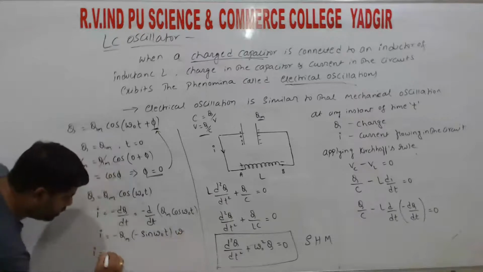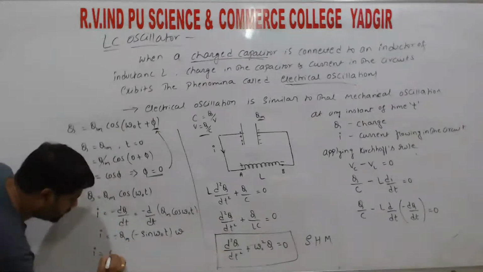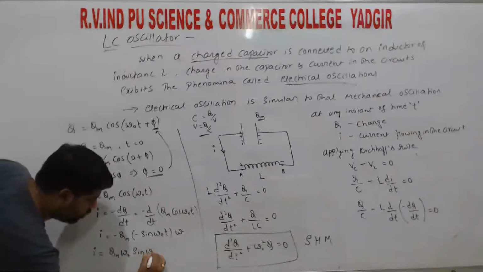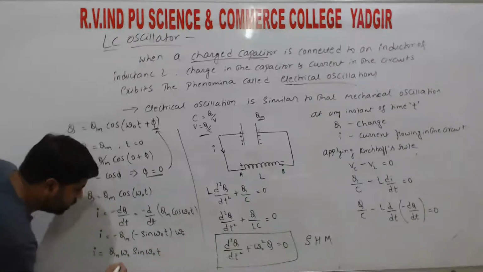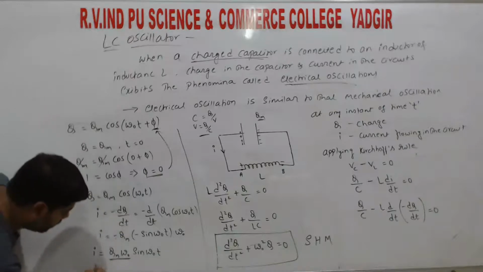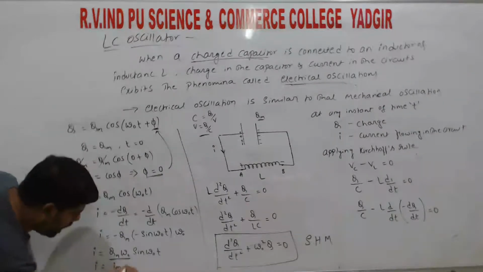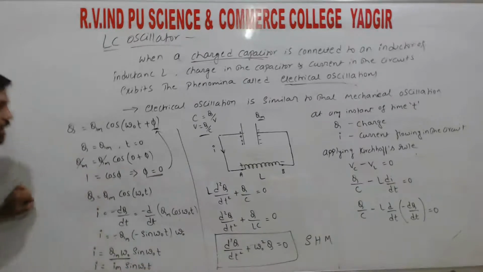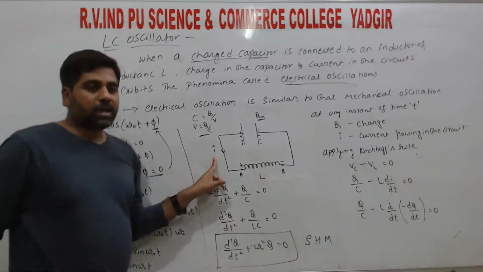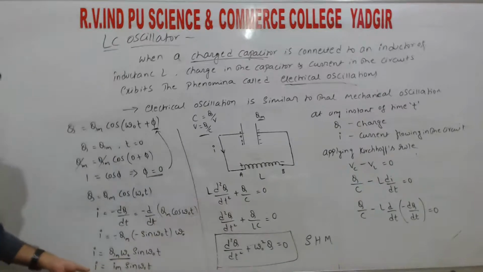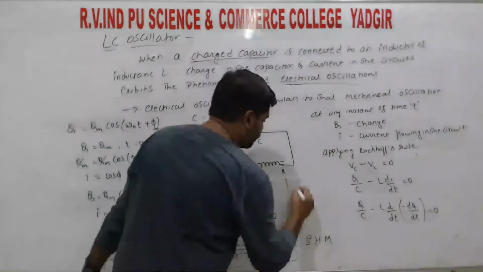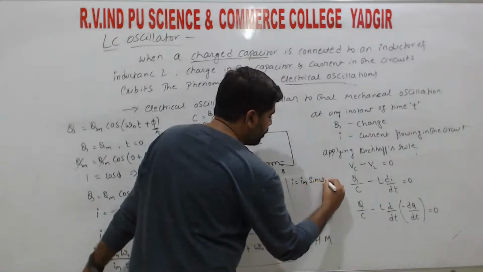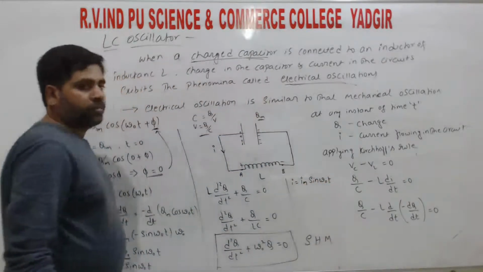So I is equal to minus into minus, plus qm omega naught sin of omega naught t. So qm omega naught we can write as im, I is equal to im sin omega naught t. This is the current which is flowing in the circuit at any instant, right?